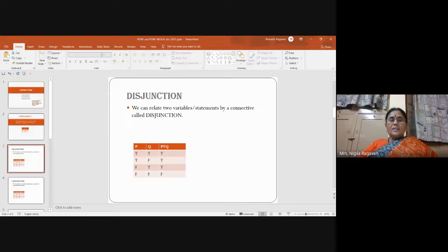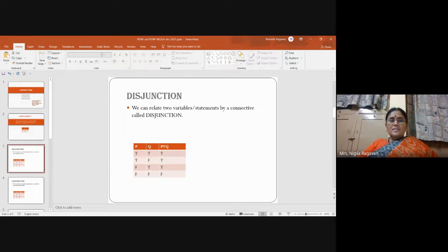In set theory, if X is a member of A as well as a member of B, then X is a member of A union B. Likewise, here P is true, Q is true means P cup Q is also true. Case 2.